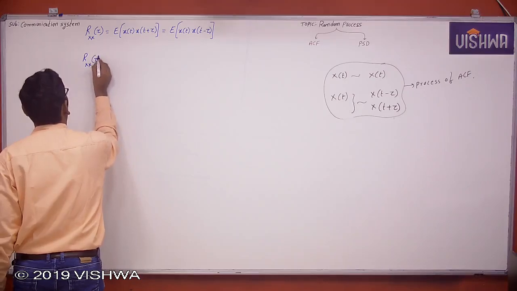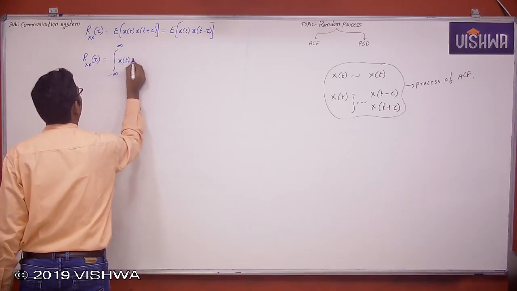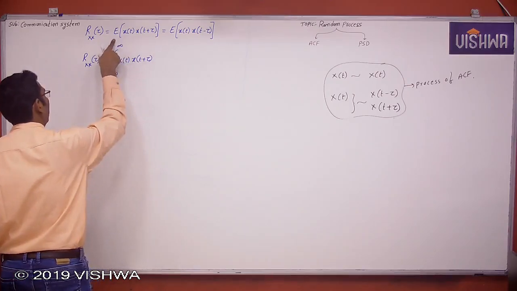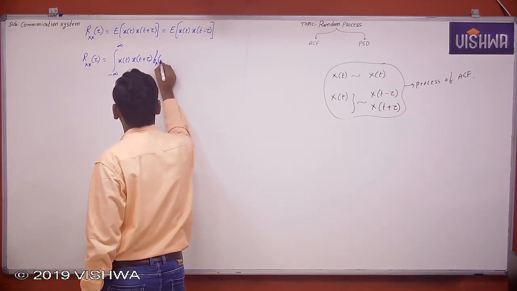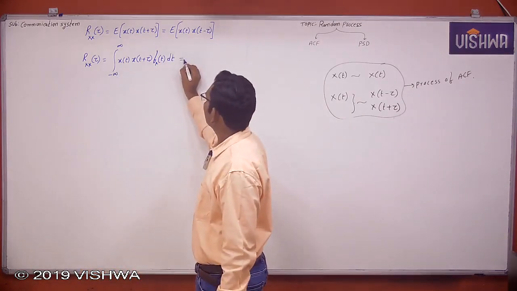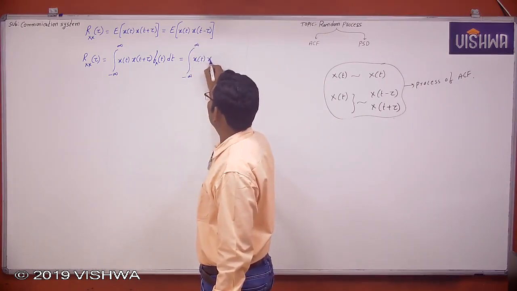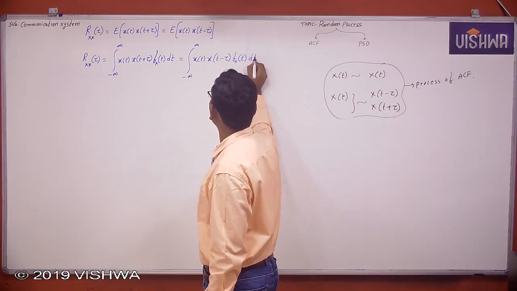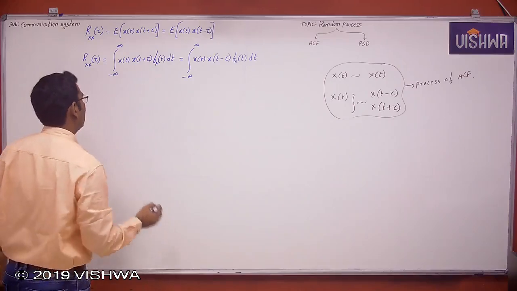Rxx of tau is equal to the integral from minus infinity to infinity of x of t plus tau times x of t dt, or the integral from minus infinity to infinity of x of t minus tau times x of t dt. This is a function of time. Now we will find the similarities.